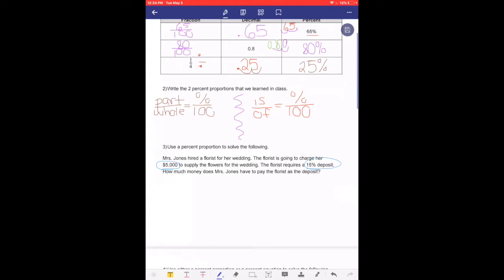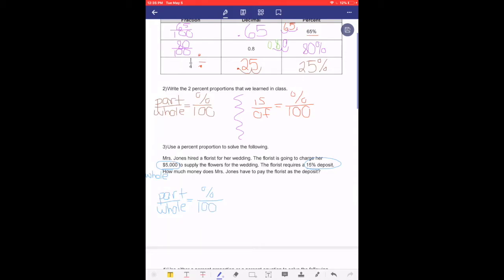So we're looking to find 15% of the total amount, which is $5,000. So $5,000 is the total amount. You can also label that as the whole. And to write my percent proportion, it would be part over whole equals percent over 100.